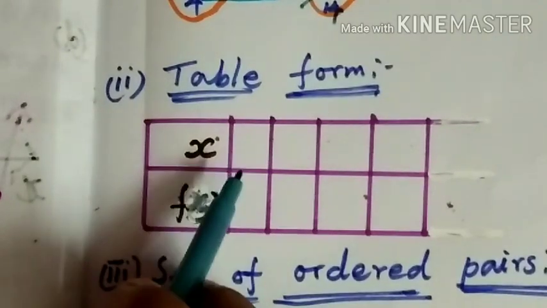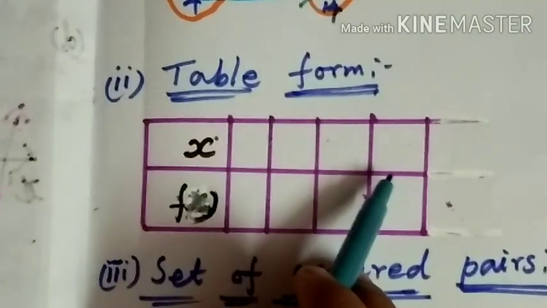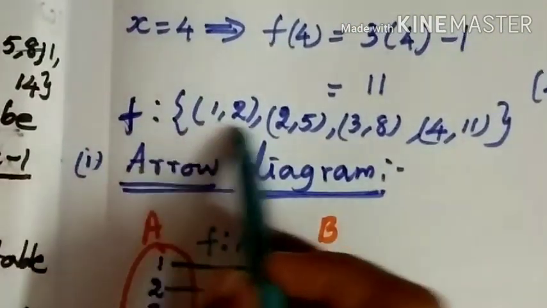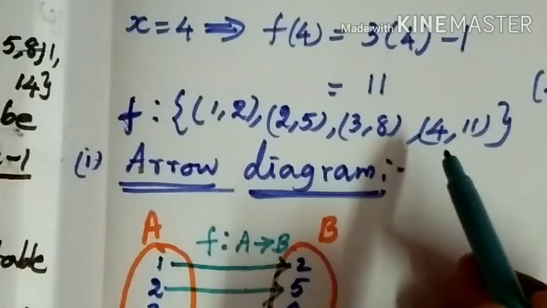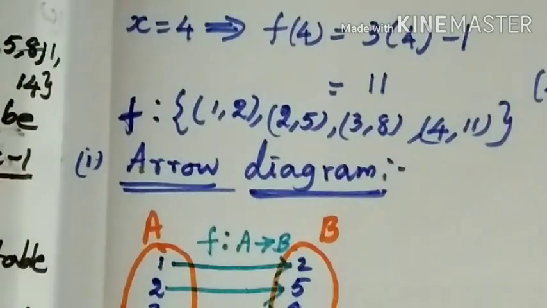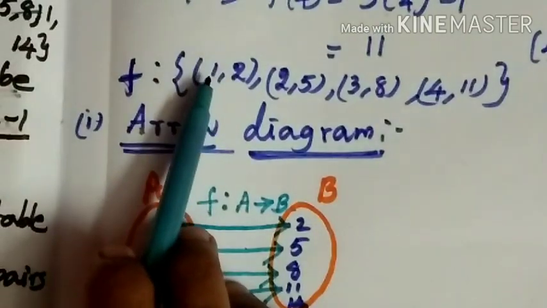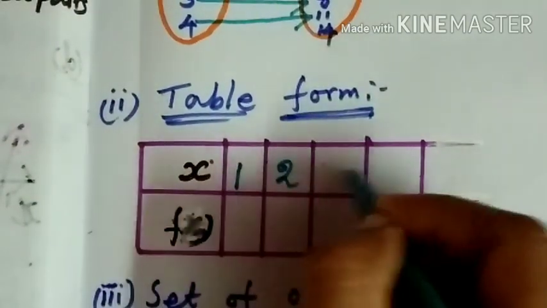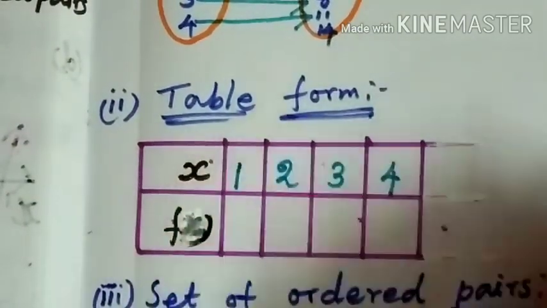In table form, the values of x are the first elements of these ordered pairs, which is the domain of the function. See, the first elements are 1, 2, 3, 4. Take down and write 1, 2, 3, 4.